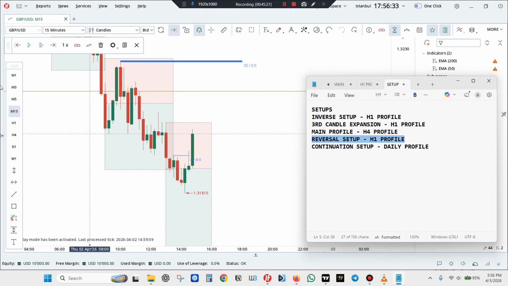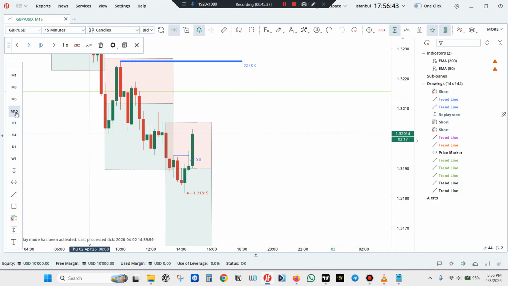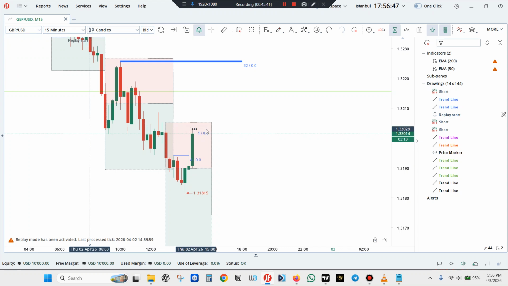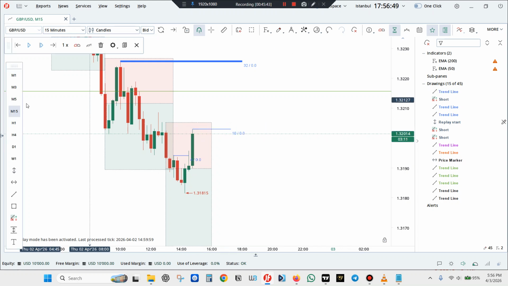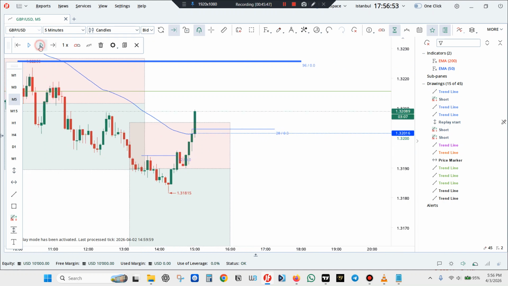So at this point, because we are already on M15 on our H1 profile, M15 acts as our narrative. So we just mark that candle, and then we go to M5. We are saying the first or the second. So the first one activated.